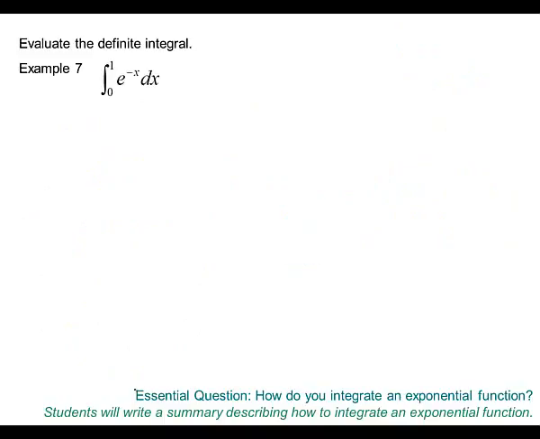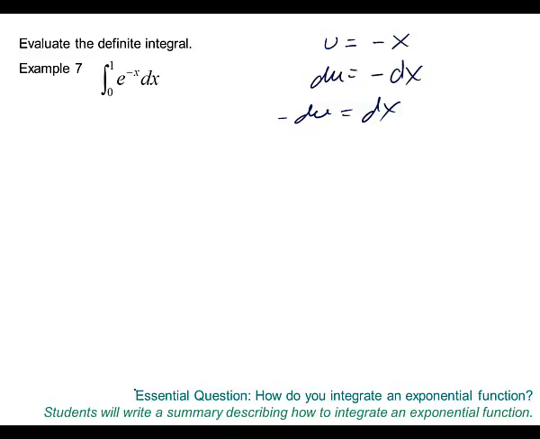I've got, what do you think you're going to use as your u? How about just negative x? So du is equal to negative what? Negative dx. Okay, so I'm going to move my negative over because that's what's missing. All right, on this one there's 2 ways that we can do it.